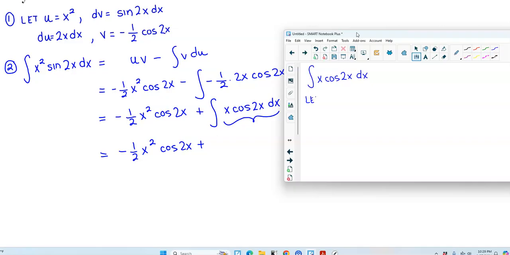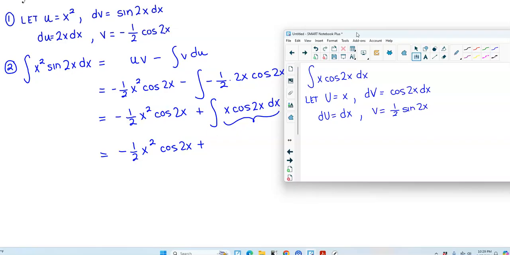We're going to let capital U equal x, and then dV is going to equal the cosine of 2x dx. We know dU is going to equal dx, and we know that V is now going to equal 1/2 the sine of 2x.